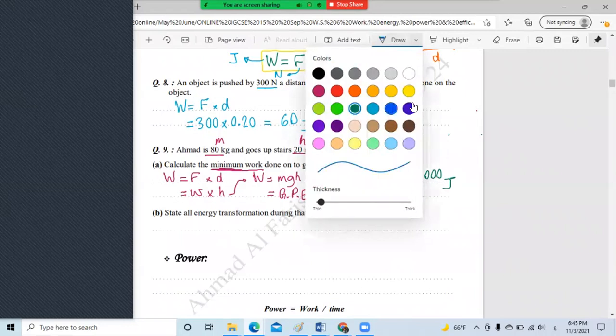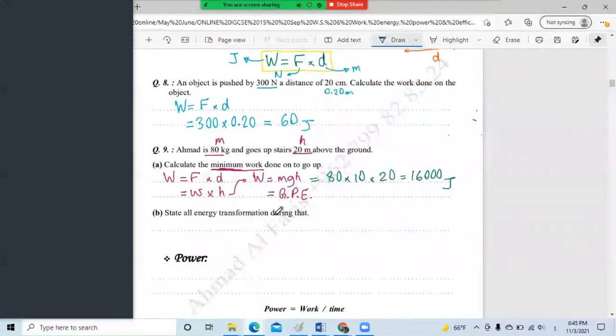Now, state all the energy transformations during that. How many calories he burned depends on how athletic and how efficient he is. State all energy transferred during that. As we said before, it was chemical energy.